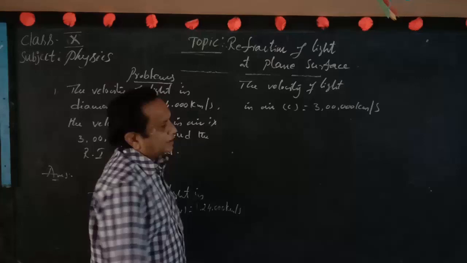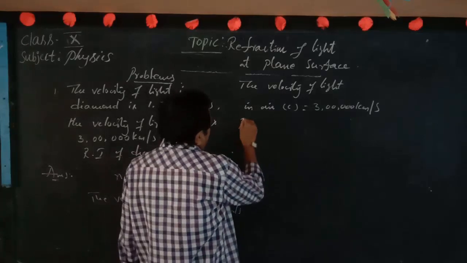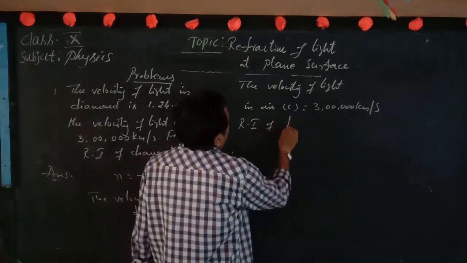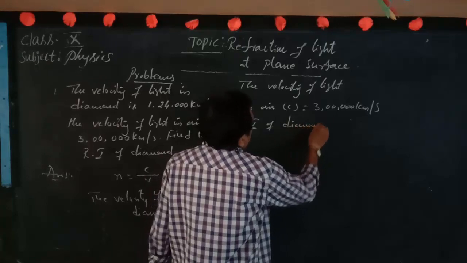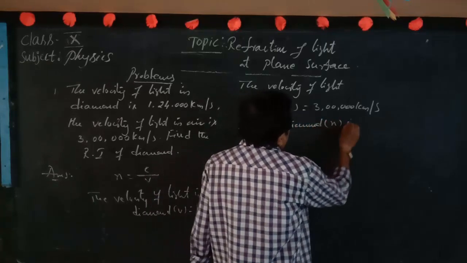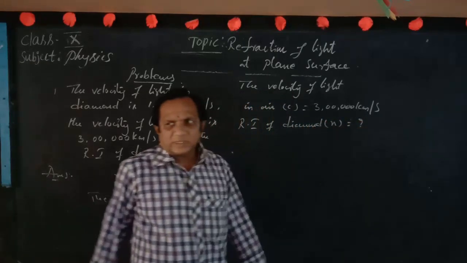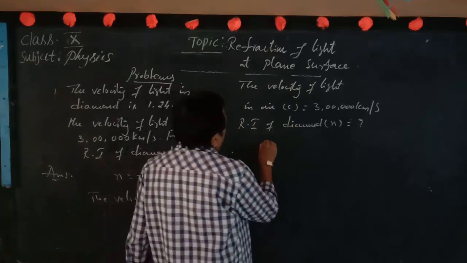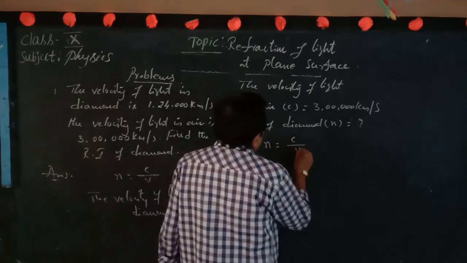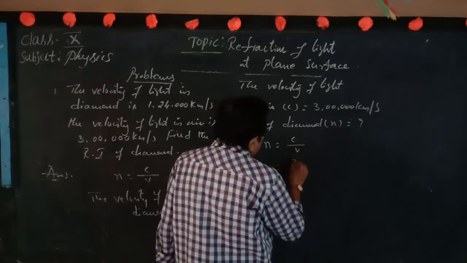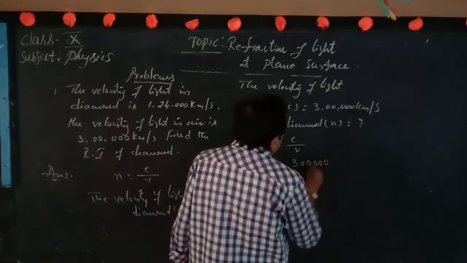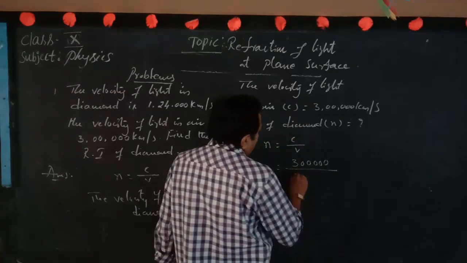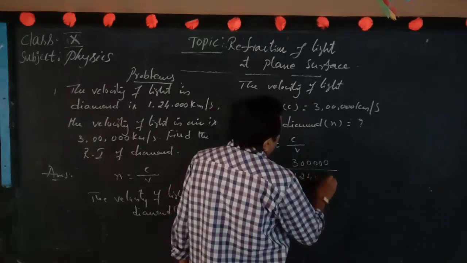Then we have to calculate the refractive index of diamond. So refractive index of diamond, n, is equal to how much? Once again recall the formula, n is equal to c by v. That is equal to 3 lakh kilometers by 1,24,000 kilometers.